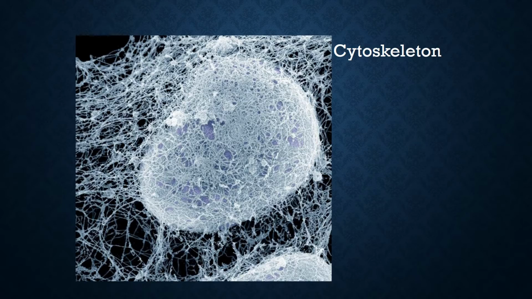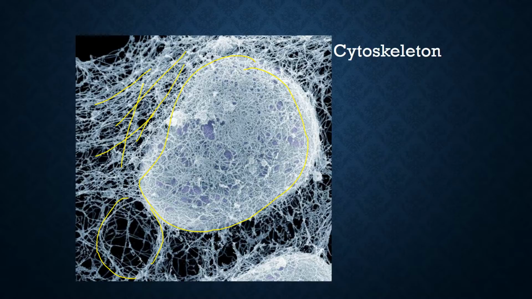This next structure that we're looking at is the cytoskeleton, and these are going to be composed of microtubules, microfilaments, as well as intermediate filaments. So all of these straggly lines within the cytoplasm of a cell are there to help organize the intracellular environment and allow for movement of cellular components, like within this organelle, to move it from one side of the cell to the other.